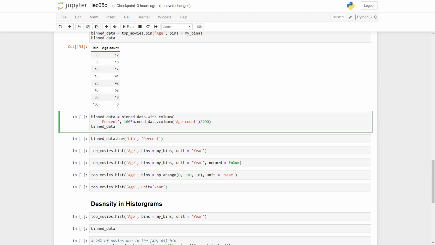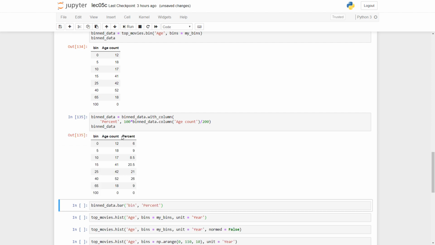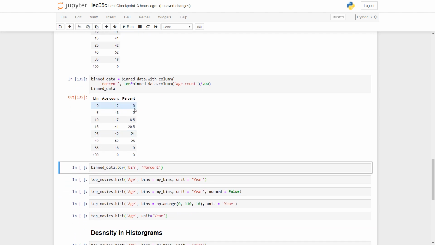And what are the values in the column? It's the age count divided by 200 and multiplied by 100. What does that mean? A percentage, right? Because it's called percent, right? Okay, so it's the percentage of the population within that bin. So doing that, we will get a new column which is called percent.